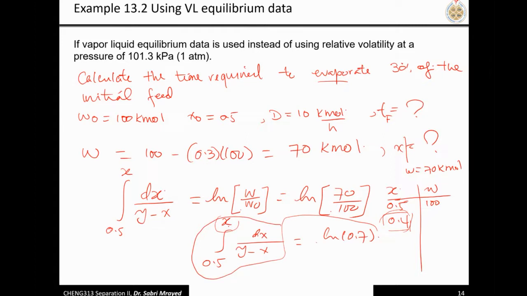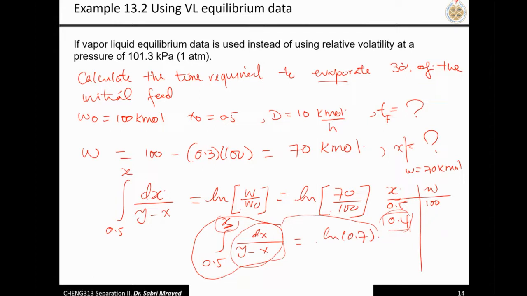Now if I have x, I can get the integration, right? Is that clear? Because I have to go step by step, I say, okay, now I move down to 0.4. There is no need to emphasize that you cannot go above 0.5; you have to go down.